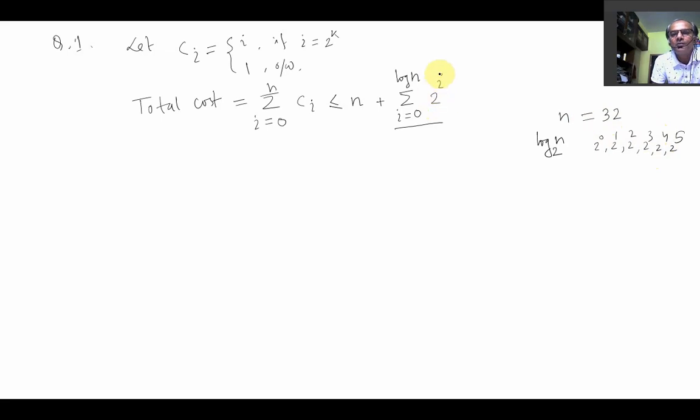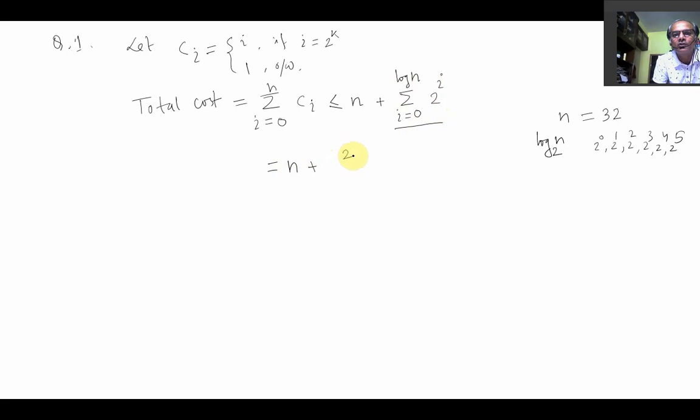So when n operations have been executed, the number of 2 power terms will be basically log n, because i equal to 0 gives 1. So what is the summation of this? This is basically n plus, the summation has log n plus 1 terms.